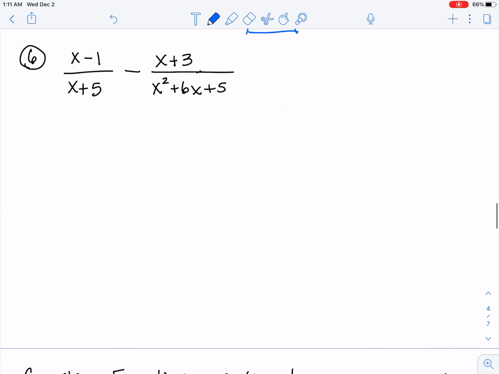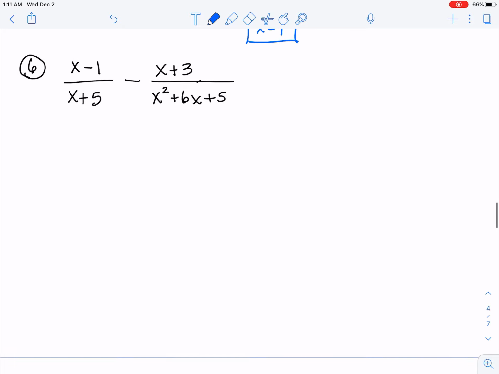All right, next one. I have x minus 1 over x plus 5 minus x plus 3 over x squared plus 6x plus 5. All right, this first term, well, that stays x plus 5. Here I'm going to factor x squared plus 6x plus 5. The linear factors are x plus 5 and x plus 1.